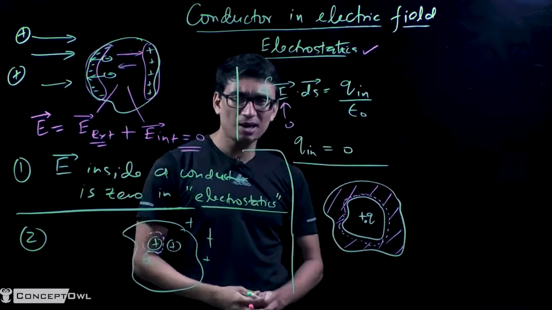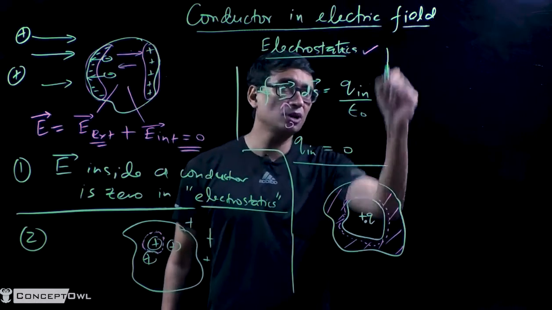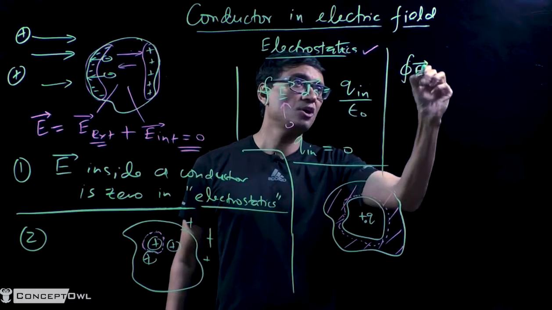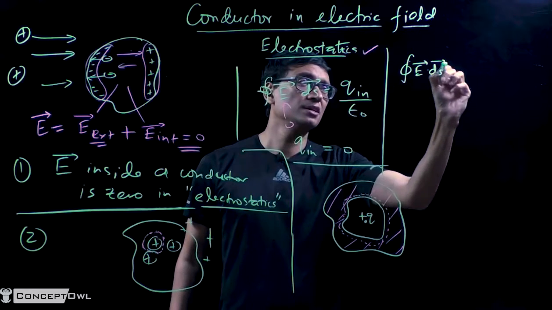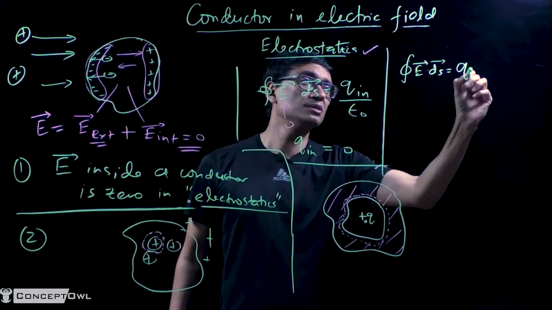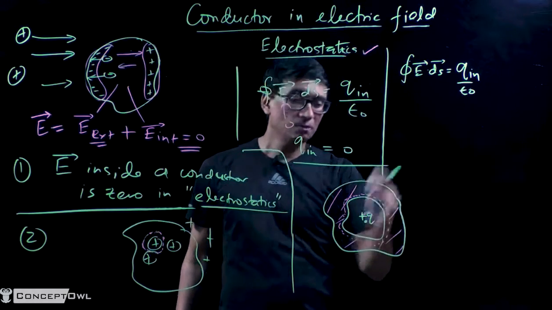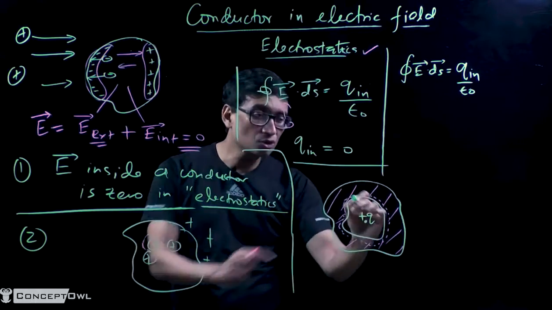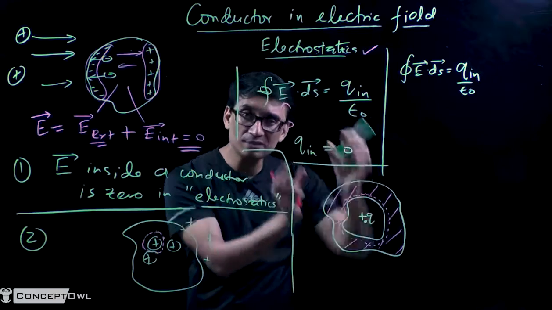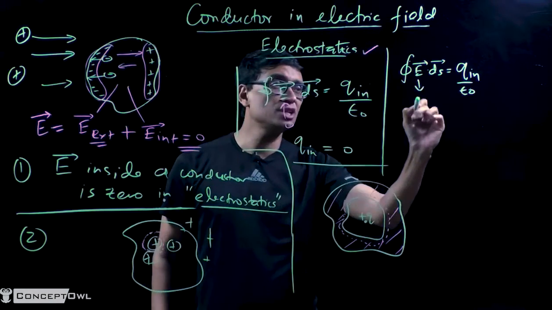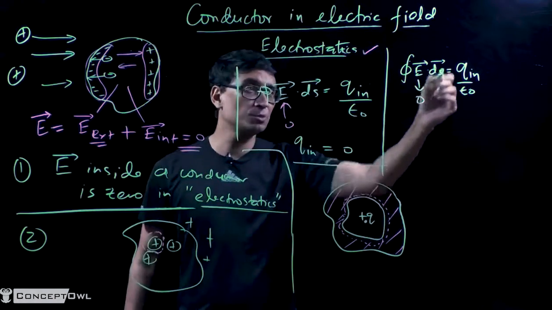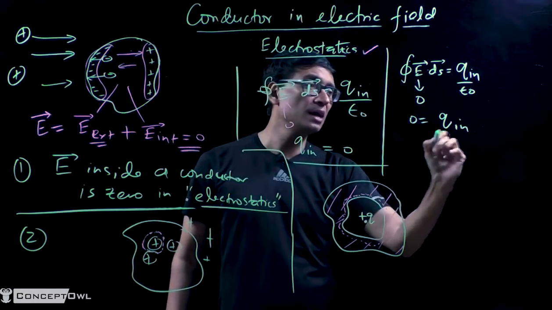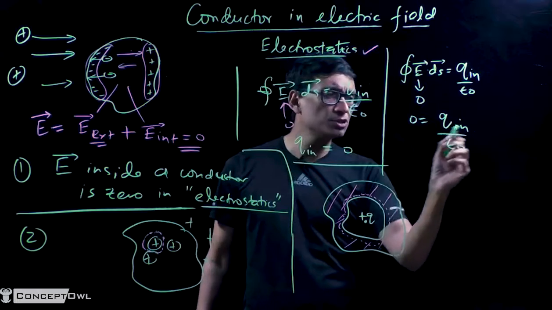If I apply Gauss's law, we get the integral of E dot dS is equal to Q inside upon epsilon naught. But E at every point is 0, because this Gaussian surface is within the body of the metal. So the left side is 0, which means Q inside is 0.